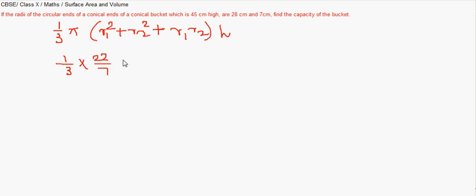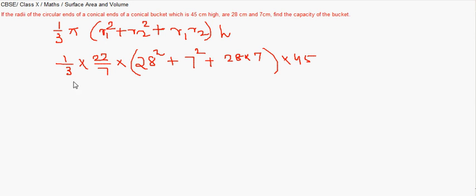R1 square, that is 28 square, plus R2 square, that is 7 square, plus R1 into R2, that is 28 into 7. And the height is 45, right?